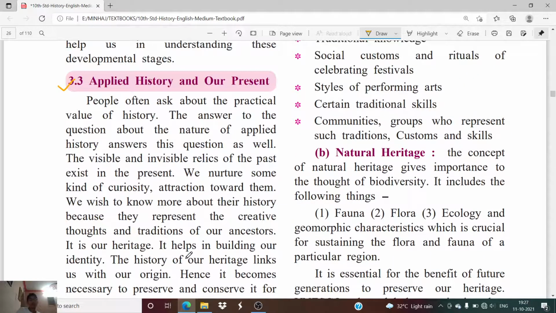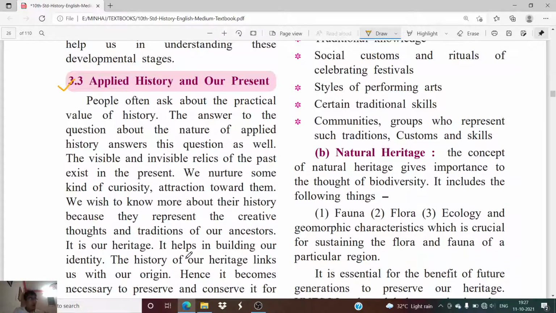So how is applied history useful? There are lots of practical approaches in applied history. It is very important to study applied history because it gives us the answer about different traditions, about the past, and about our own ancestors.